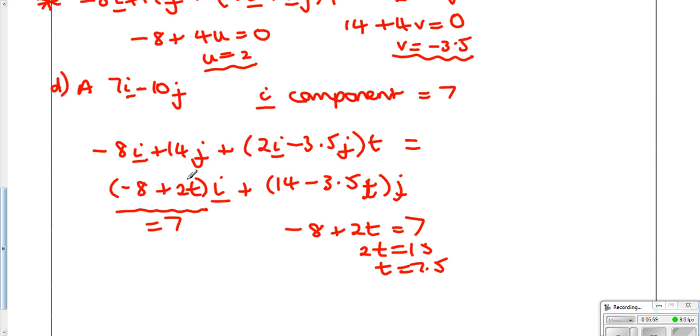And then from that point, we've done some more time at a different speed, which gets us to the point we want. So the total time altogether is the original 3 seconds it took to get to this point here, plus another 7.5 seconds at the new speed. And so the answer is that it would take 10.5 seconds in total.